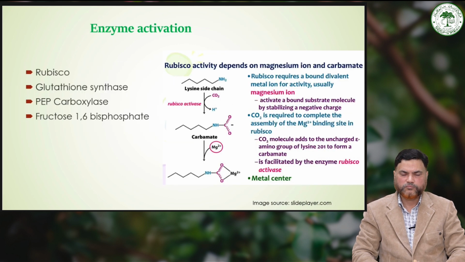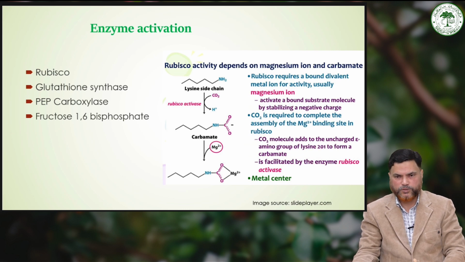Now, what is the role of magnesium in the activation of enzymes? Magnesium plays a very crucial role in the activation of enzymes in plants, including rubisco, glutathione synthase and phosphoenolpyruvate carboxylase. Let us see how magnesium contributes to the activation of these enzymes.